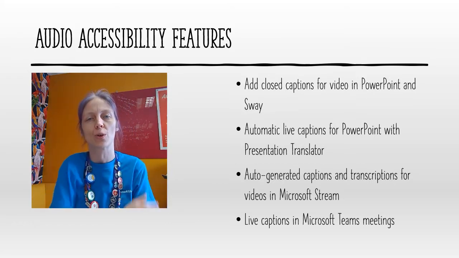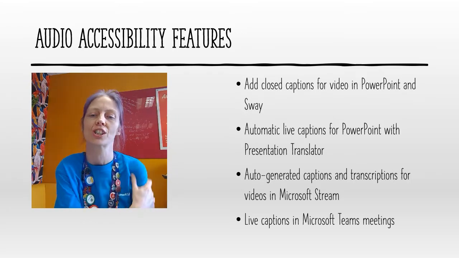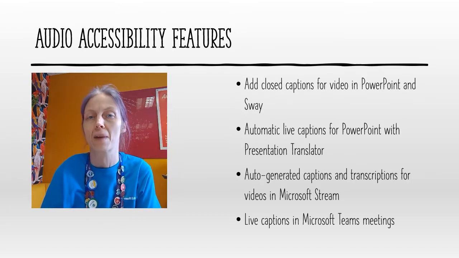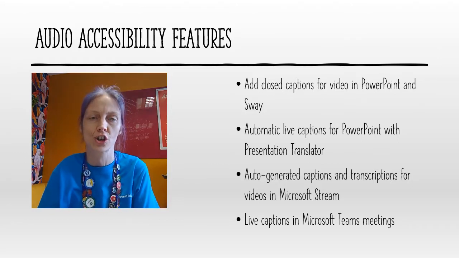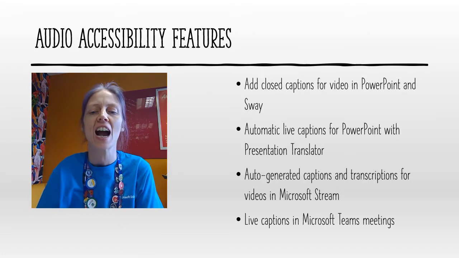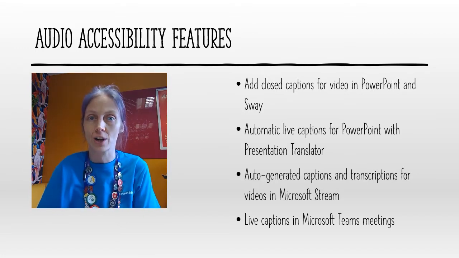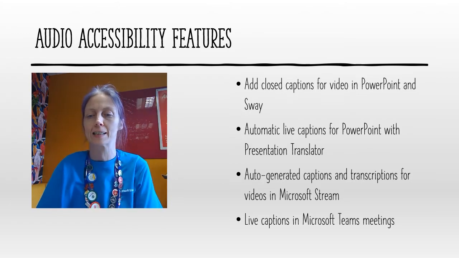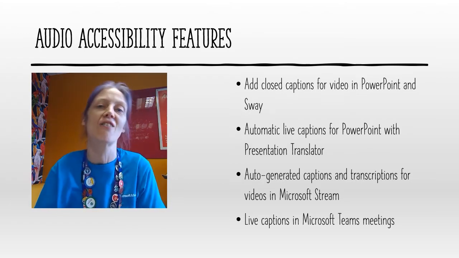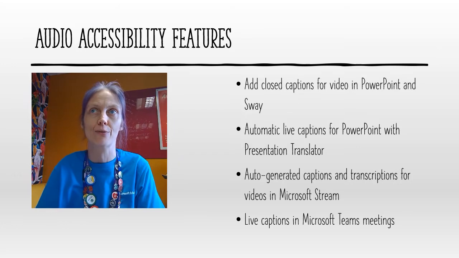You can also produce auto-generated captions and transcriptions for videos in Microsoft Stream. That will even work for videos that you produce and then upload to Stream, as long as you choose the language as English. And you can also add in live captions for Microsoft Teams meetings, meaning that participants can view the captions in their own language in live, real time.